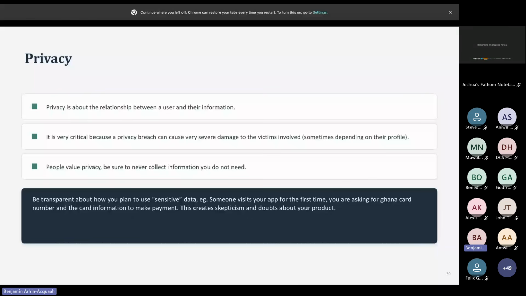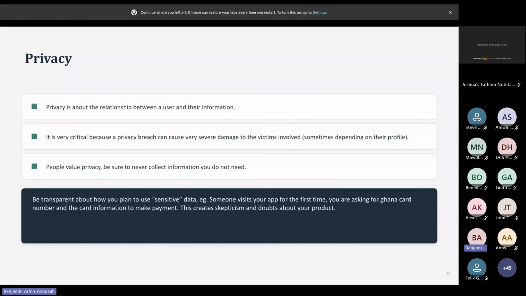These are pieces of information that can be used to identify a person, right? An example, in this country, everyone has a Ghana card. Your Ghana card number is personally identifiable information.